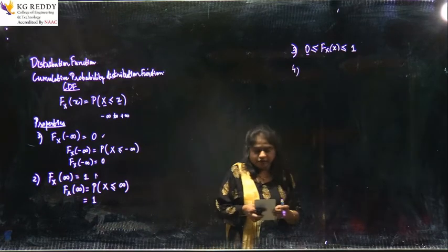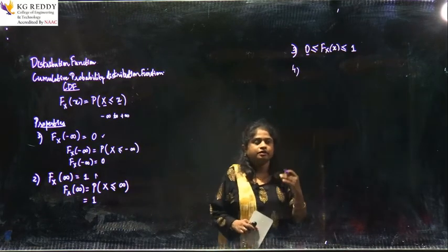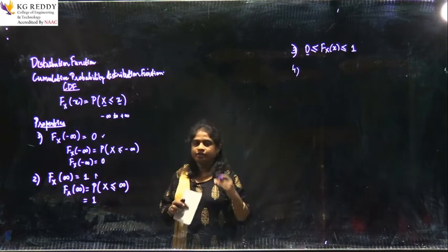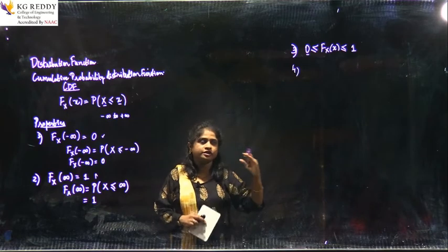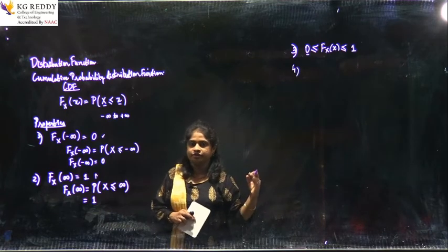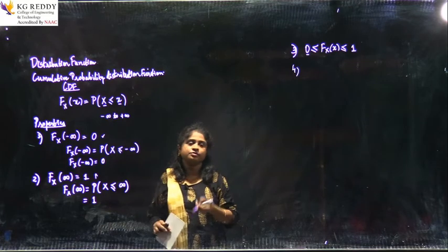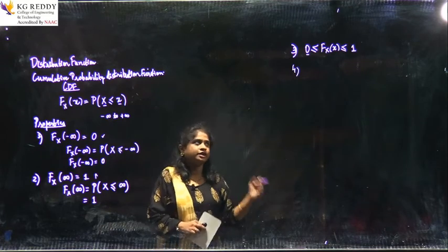Next property: the distribution function is always a monotonically increasing function. Whenever the real value is increasing, the distribution function value will also be increasing.